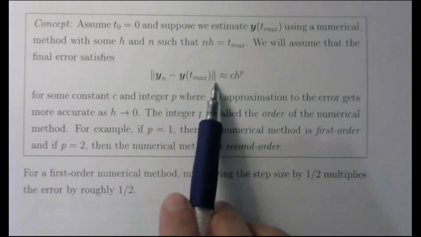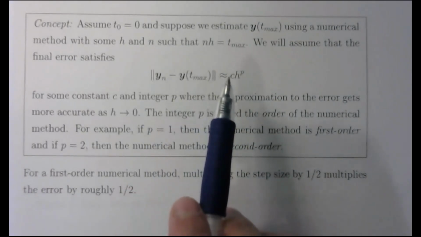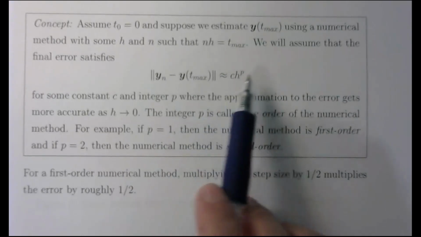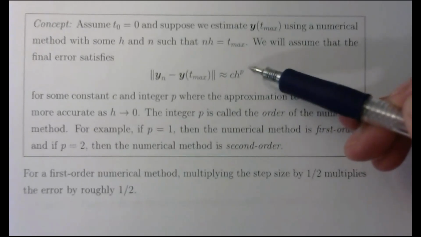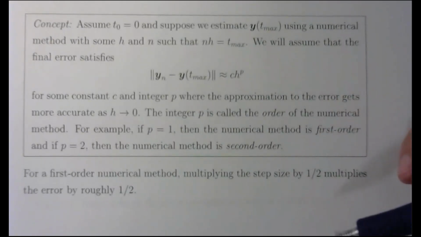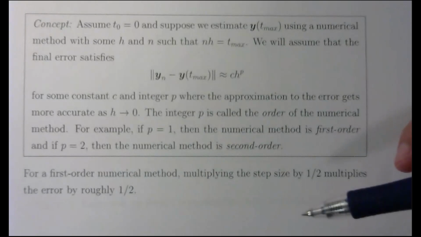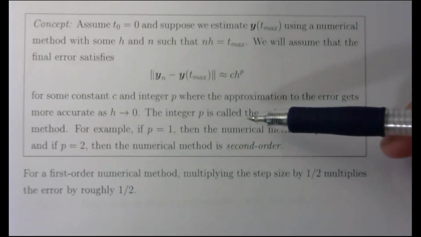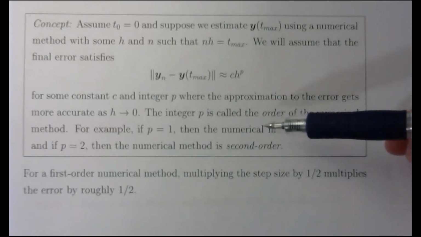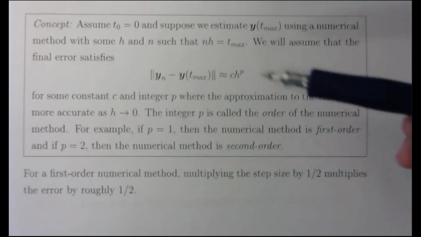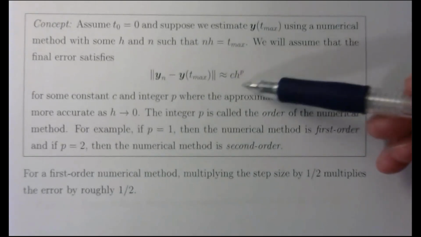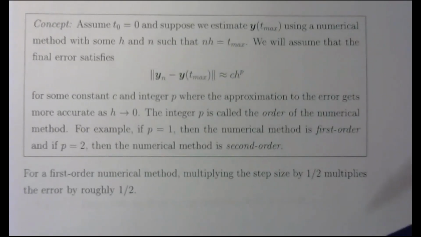I'm going to fit this with a function that looks like a constant c times h, the step size, to the p. So as h gets smaller, this is going to get more accurate, right? I'm going to call the integer p the order of the numerical method, because it tells me how quickly this term goes to 0 as h goes to 0.